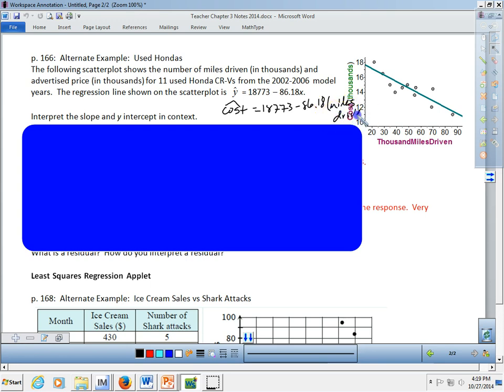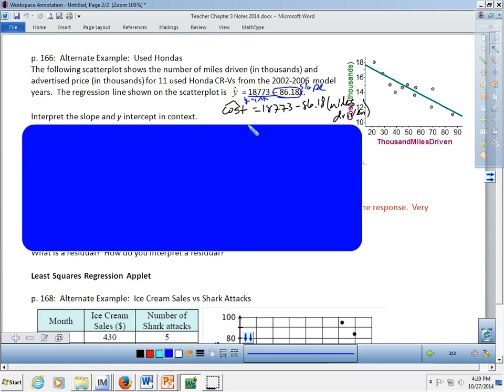I'm writing over here, and I apologize, but that would add context for us, and probably not a bad way to write out your regression equations, because it helps in the interpretation and helps remind us of our context. So let's interpret the slope and y-intercept. Well, first you have to remember that this guy right here is your slope, right? And this guy right here is your y-intercept.